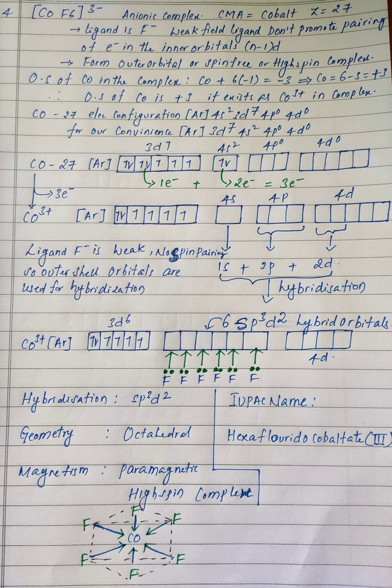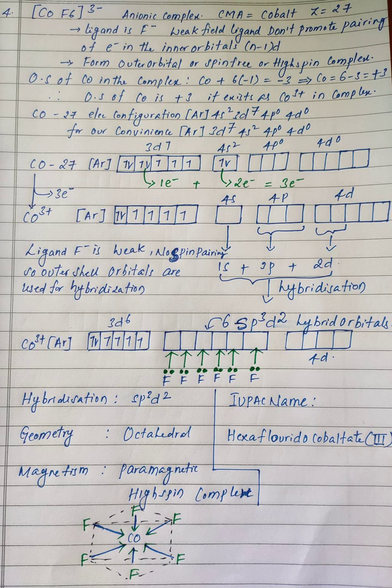One 4s, 3 p orbitals, and 2 d orbitals from the fourth shell are utilized for hybridization to produce 6 equal energy sp3d2 hybrid orbitals. These 6 sp3d2 hybrid orbitals are utilized by the 6 fluoride ligands to link with the Co3+ central metal ion.